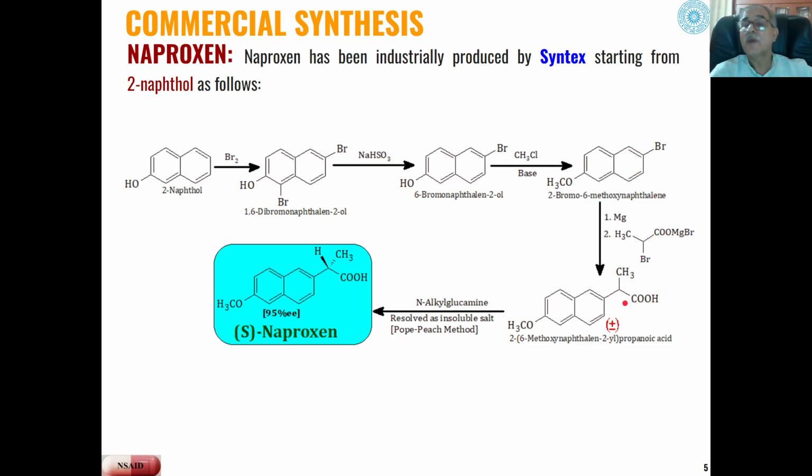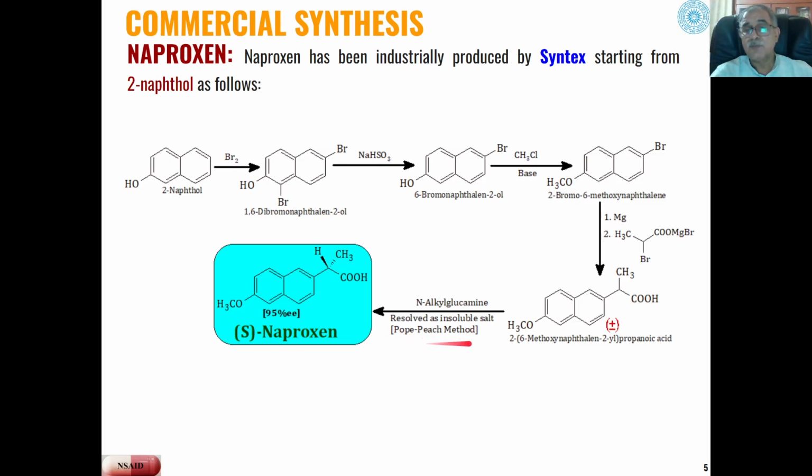We can say a coupling reaction takes place between this and this, and we get a racemic mixture of this naphthalene propionic acid derivative. Then this racemic mixture is resolved by using N-alkyl glucamine as the resolving agent.